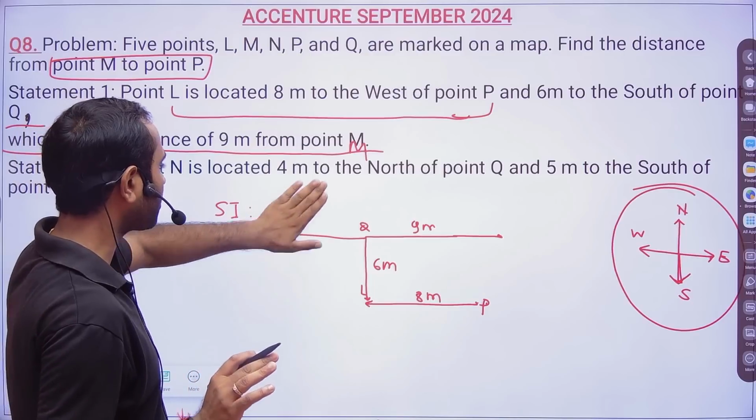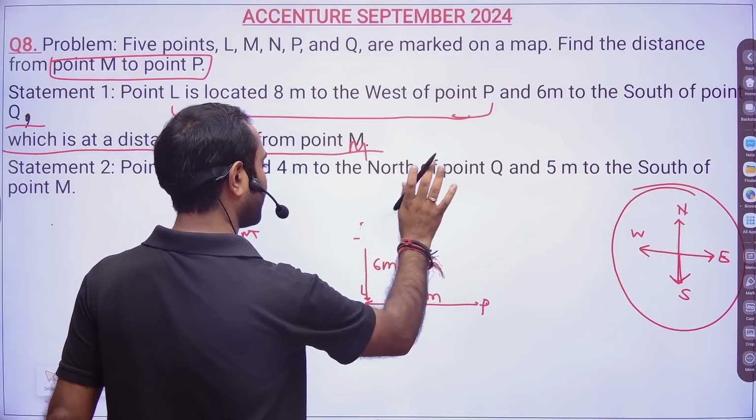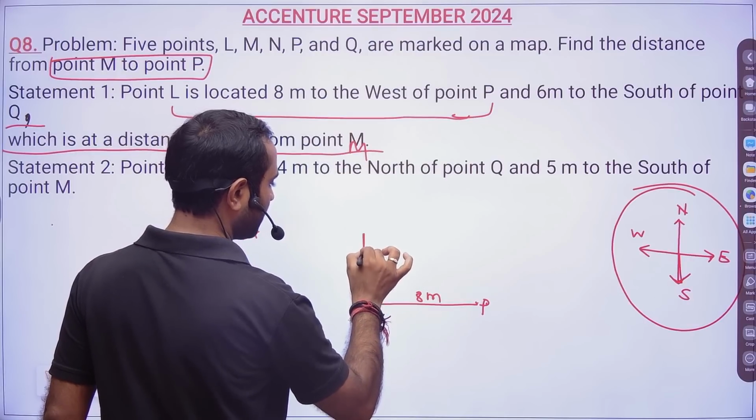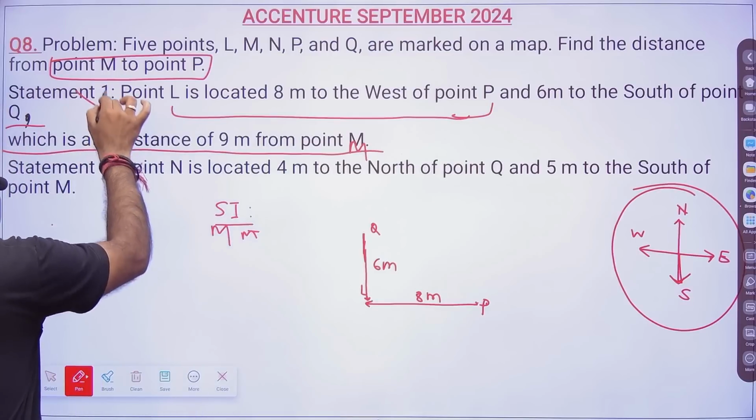Where point M is located is not given. So when point M is not determined, statement 1 is definitely not sufficient to answer the question.